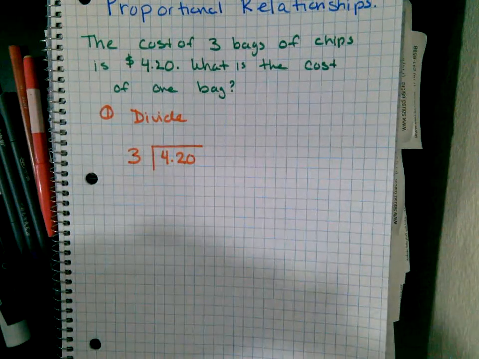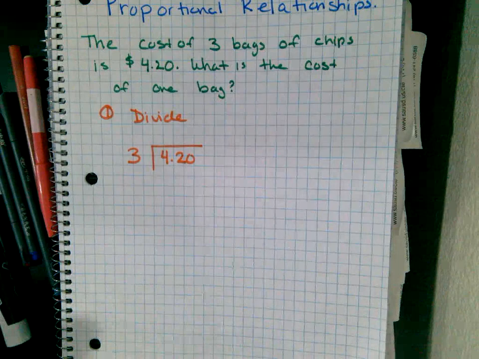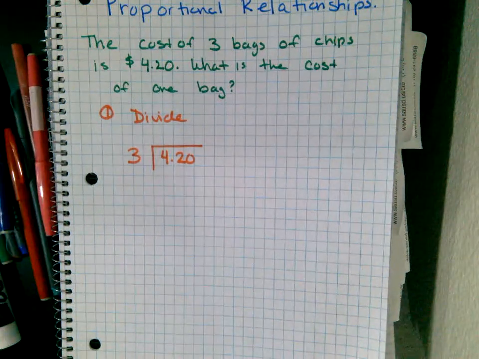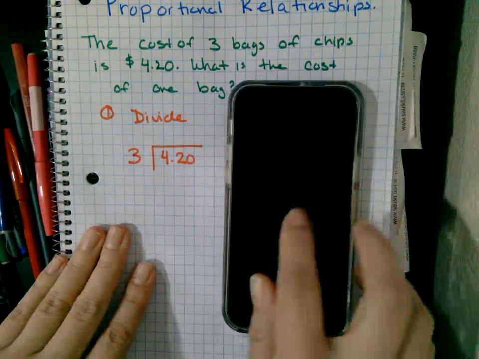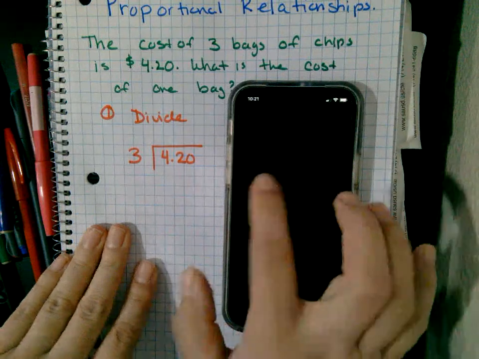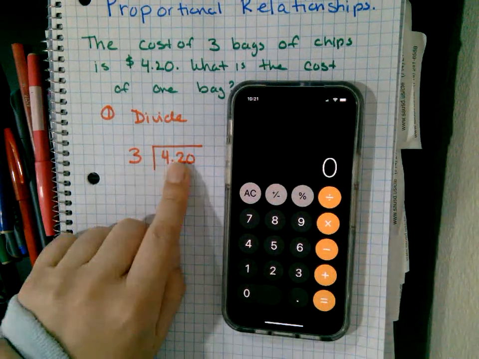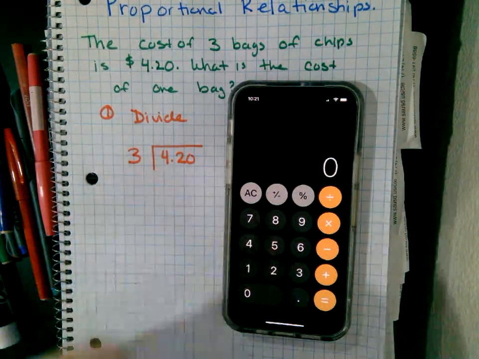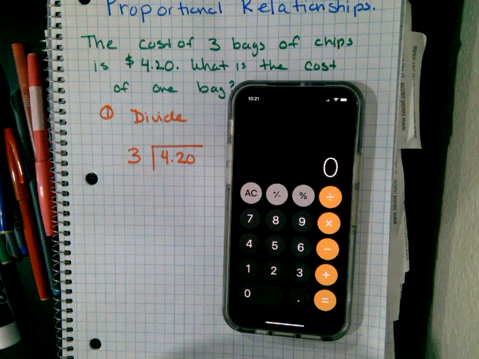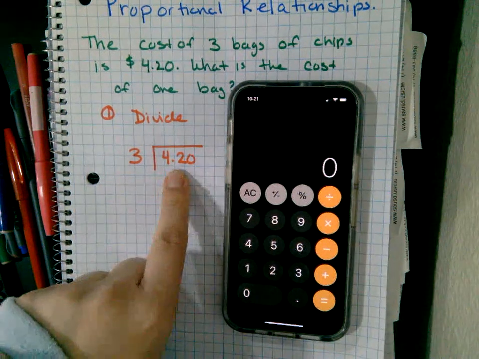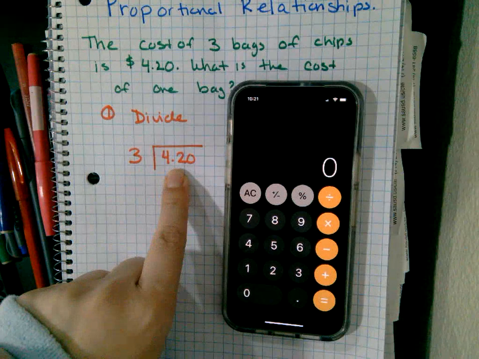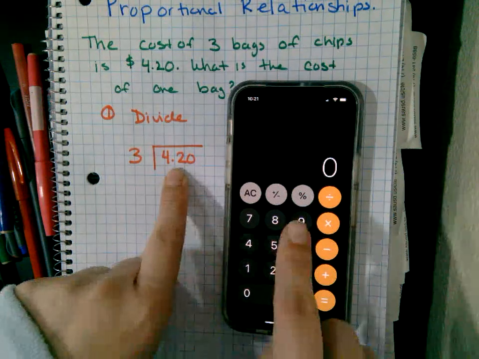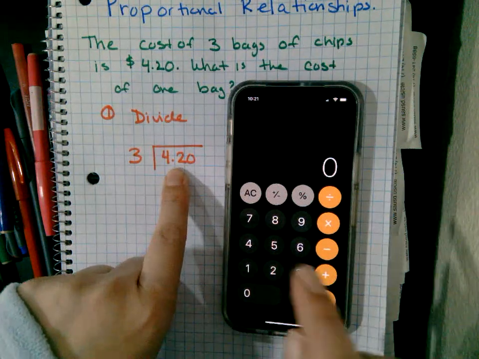cost of 1 bag. Now, if you're going to use a calculator, which by all means you can, when your problem is written like this, how does that translate to the calculator, right? Here's how you do it. The number that's inside of the division box will be typed in first into your calculator.